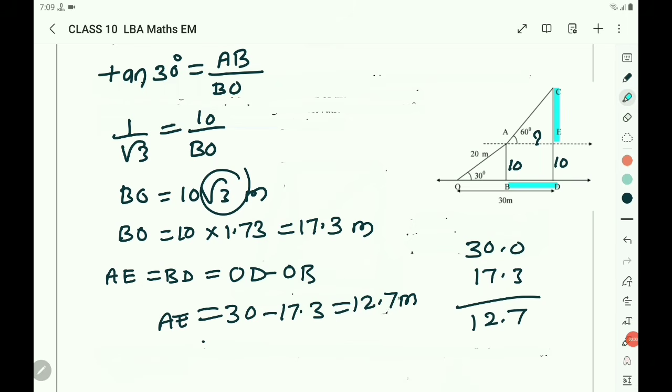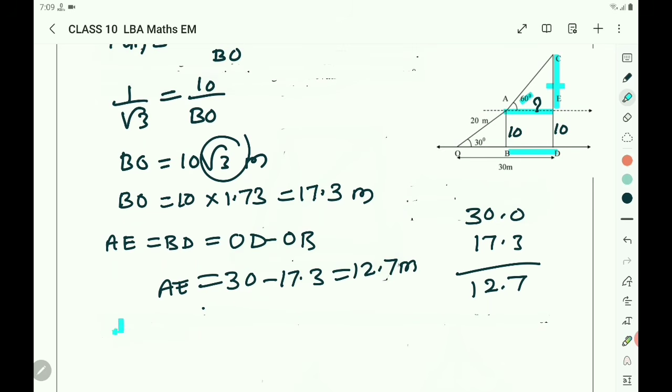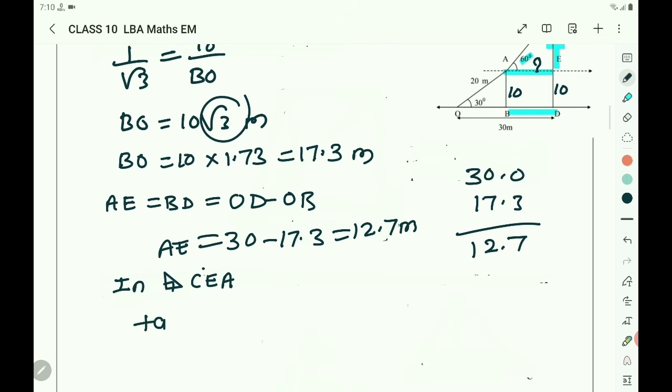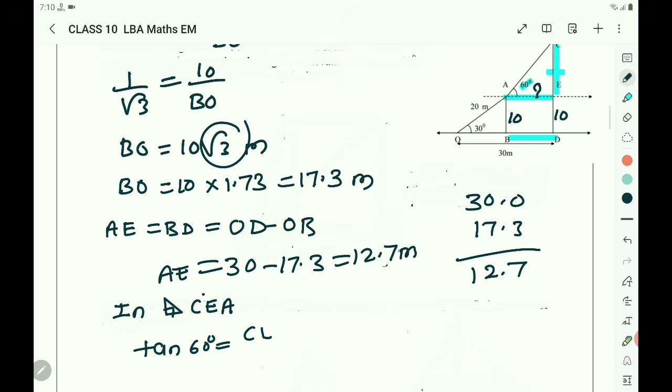Use the right angle triangle CEA. For this 60 degree, CE is the opposite side and AE is the adjacent side. Use the trigonometric ratio with opposite side by adjacent side, that is tan. Then write in the right angle triangle CEA, tan 60 degree equals opposite side CE by adjacent side AE.